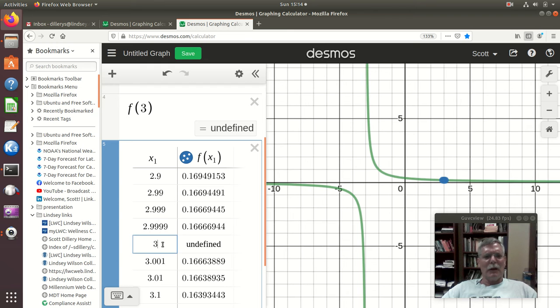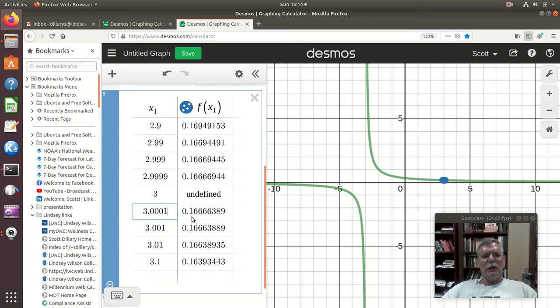I could do the same thing on the other side. What's nice is that with this technology it is that quick. Numerically, I would say this limit is 0.16666, so what the heck is that?